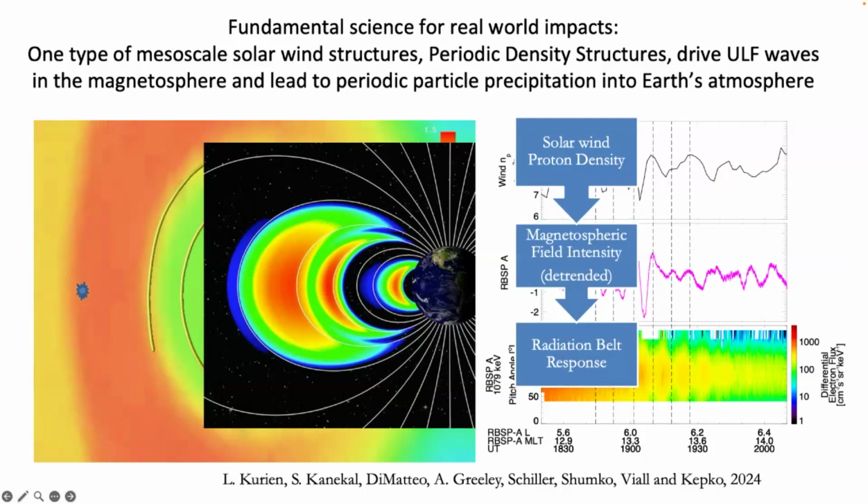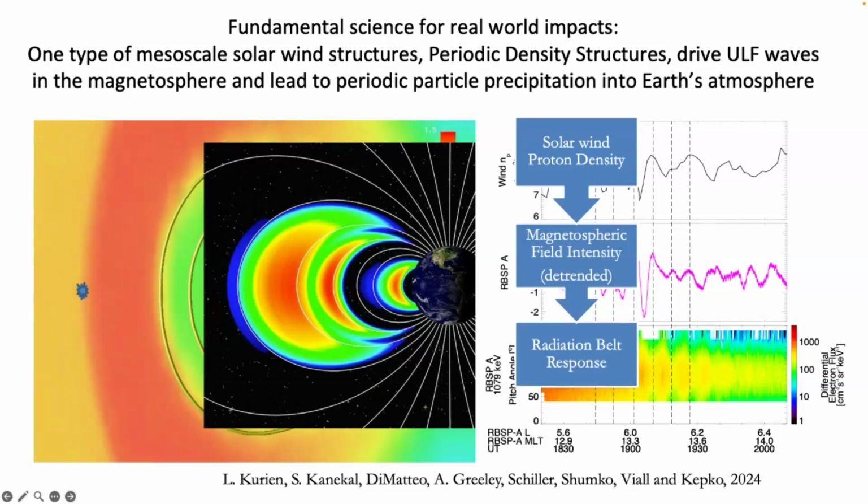And just to put another cartoon up, this is what those look like if you have these density structures, because density is what PUNCH is looking at. So it's dynamic pressure from the perspective of Earth's magnetosphere. It literally squeezes Earth's magnetosphere.